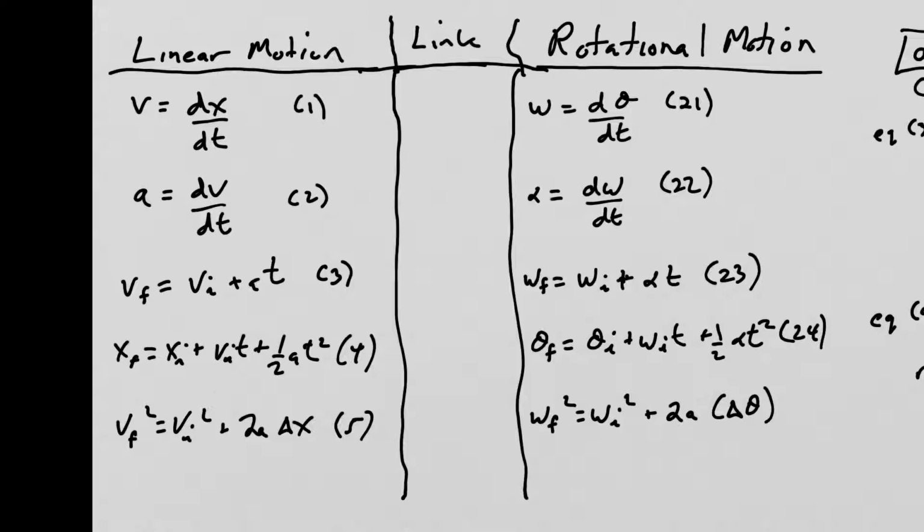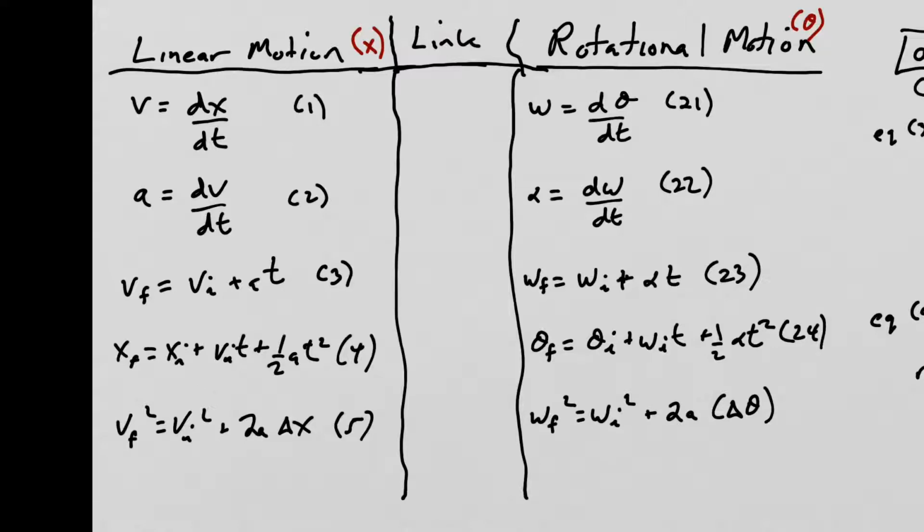So we see that in order to get this one-to-one relationship between the linear motion and the rotational motion, linear motion relied on us knowing information about the linear distance, x, whether it's a function or something about it, whereas rotational motion requires us to know something about the angle.